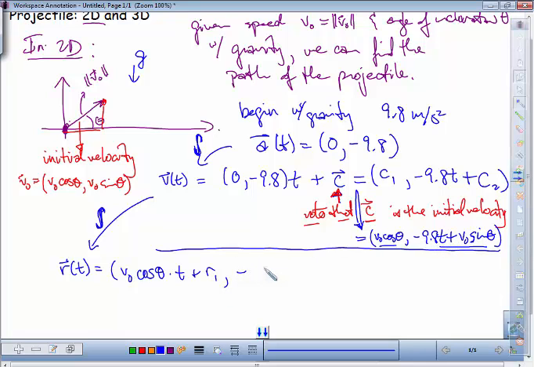The antiderivative of that is half of 9.8, which is 4.9, t squared plus v naught sine theta times t plus another constant, let's call it r2, where r1 comma r2 is the initial position.